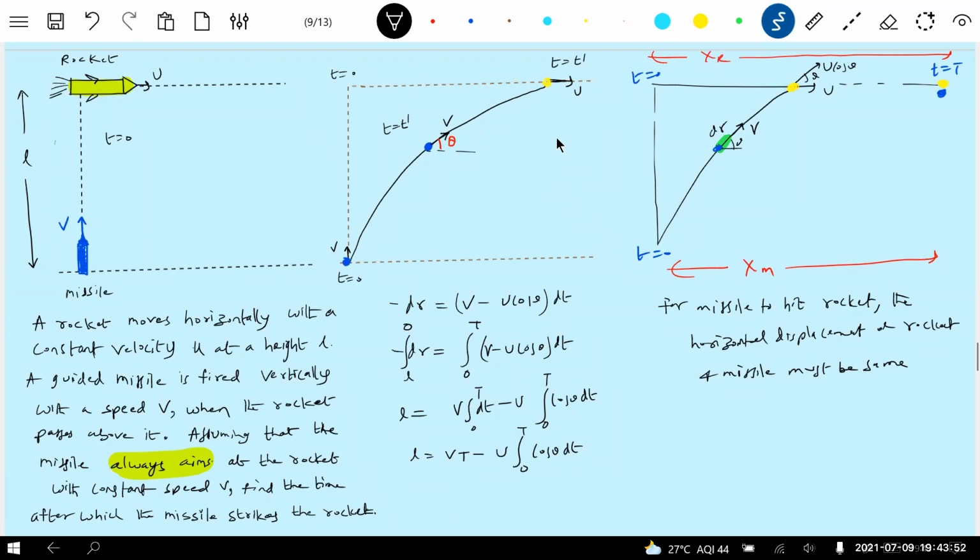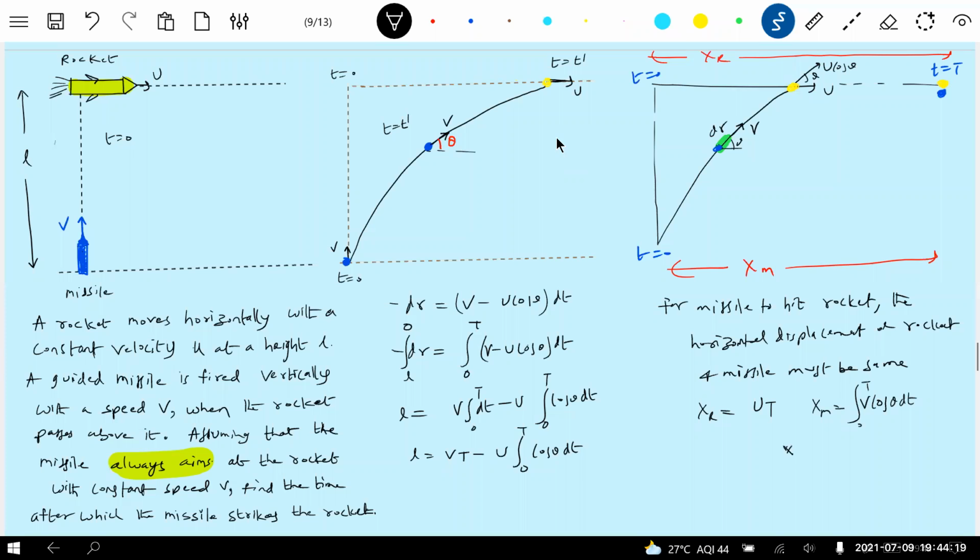Okay, what is the horizontal displacement of the rocket? There is no problem. Very easily we can find out what XR is. XR should be equal to U into T. What about XM, that of the missile? XM should be equal to the integral of V cos theta dt.